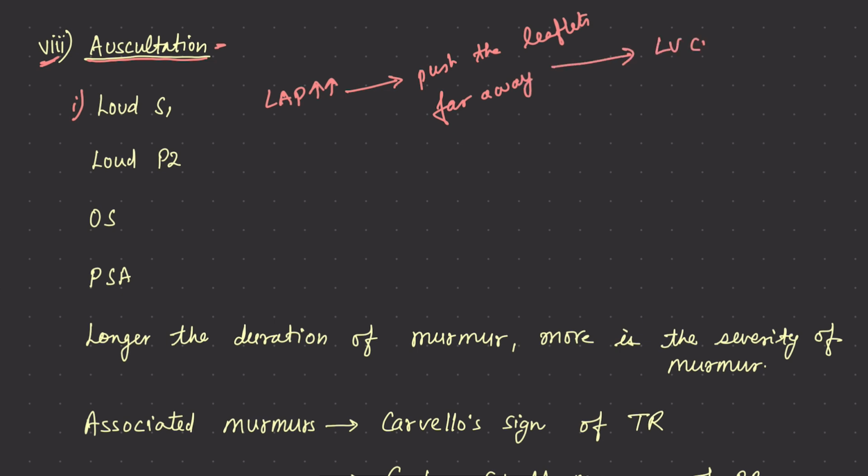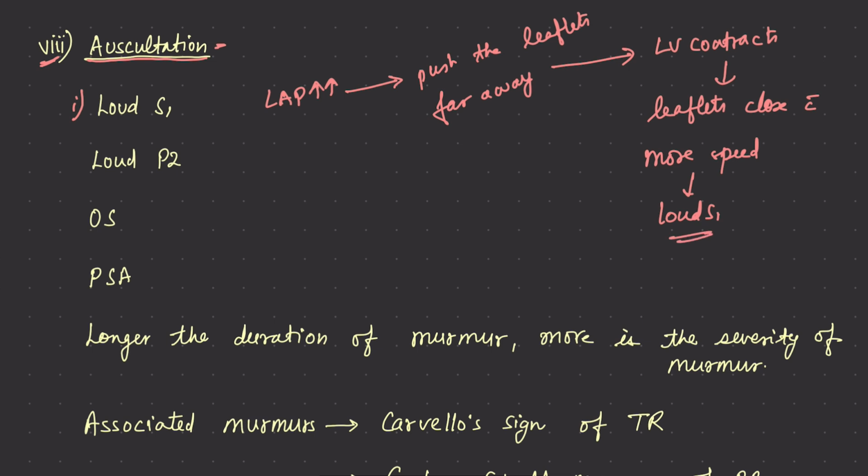Then when the LV contracts, the leaflets close with more speed. That will cause a loud S1.